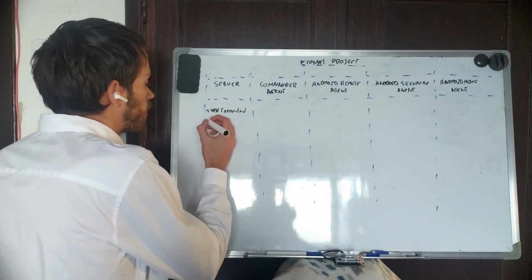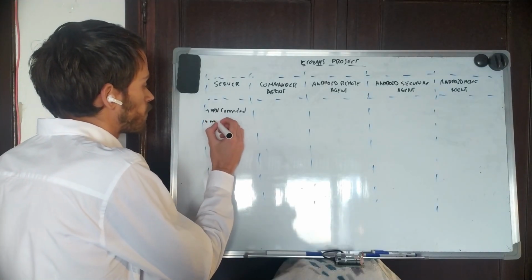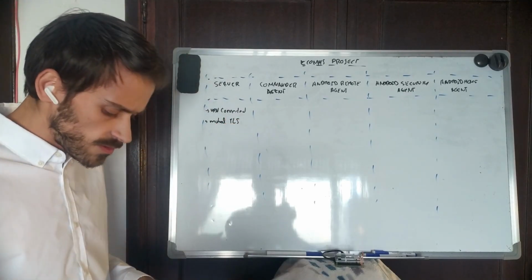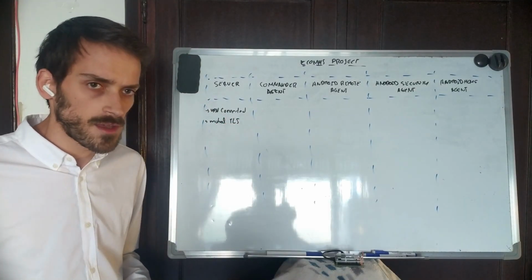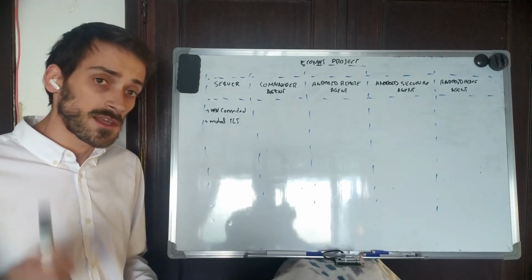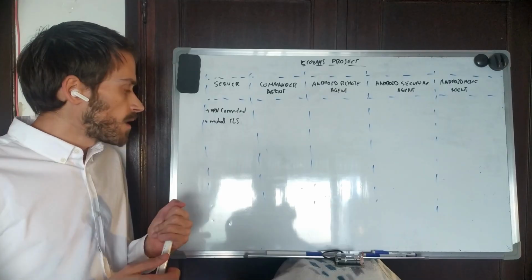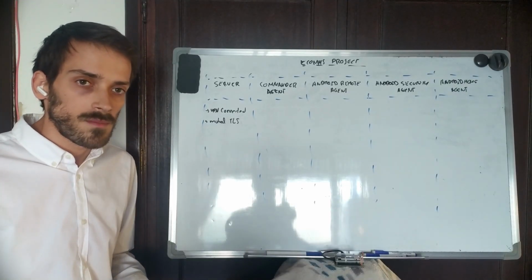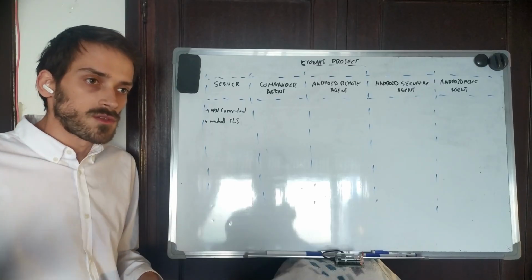Another layer I'm thinking about is mTLS, or mutual TLS. This is basically like two-way SSL, so the server authenticates the client, and the client also authenticates the server. This is really common in company infrastructures.